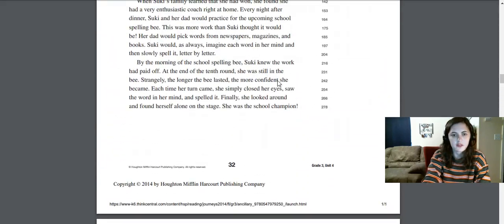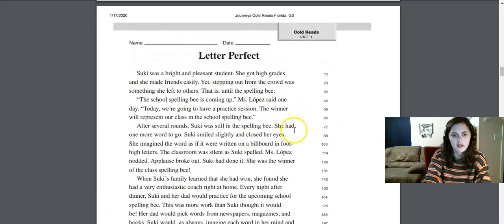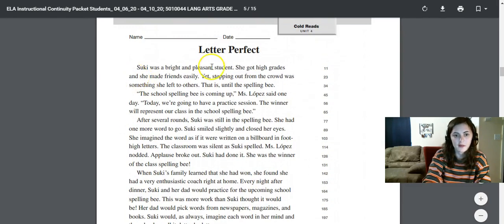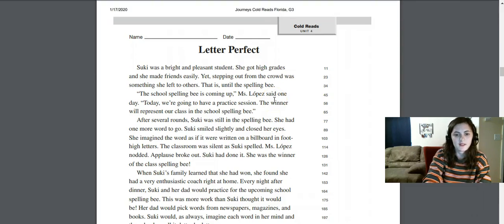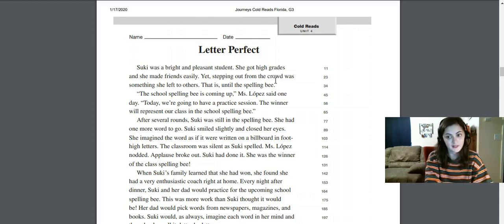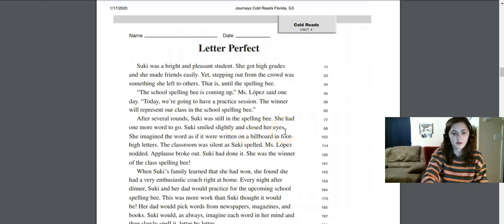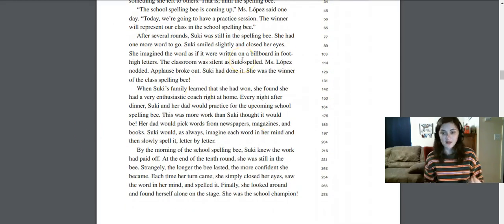And I'll go over your stories real quick here. This story, Letter Perfect, was about a little girl who got high grades and made friends easily, but she had a problem being in front of a crowd. So she decided to take on the spelling bee to see if maybe she could get over not being able to speak in a crowd. Well, she did really well in the first round in her classroom, and she was really excited and confident as she kept going.